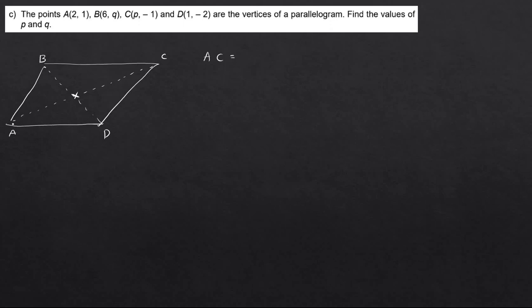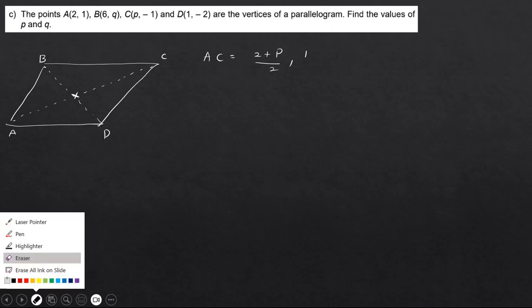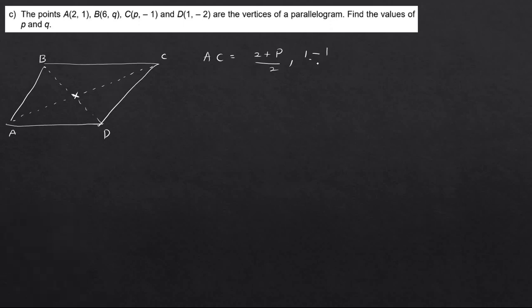Calculate the midpoint for AC. 2 plus P over 2, and then 1 minus 1. So 2 plus P over 2 and 0.